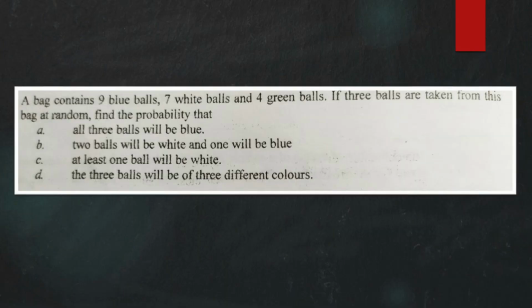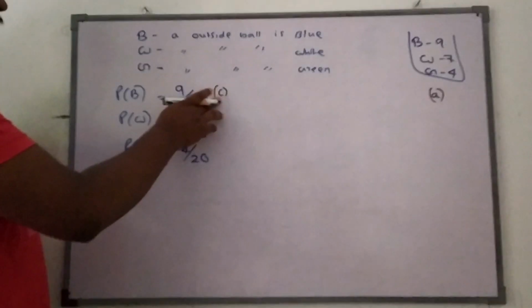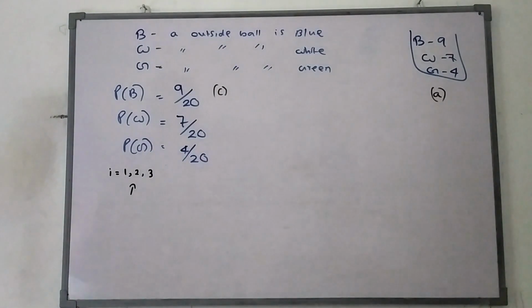And the next one, at least one ball will be white. So how to do this? At least one ball will be white means we can think of it like the selected ball is white and the other balls will be green or blue. Or we can think of it like two selected balls are white and the other one is not white.